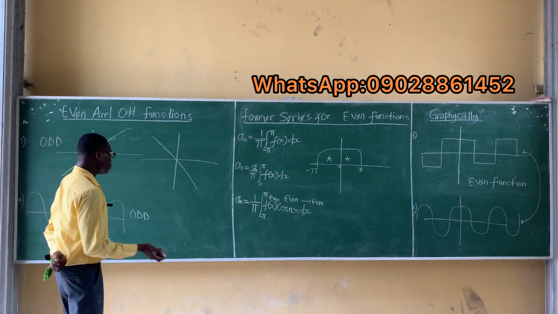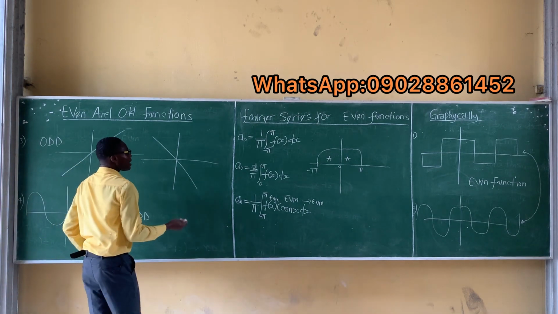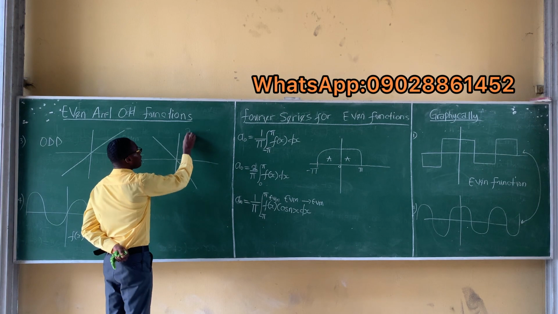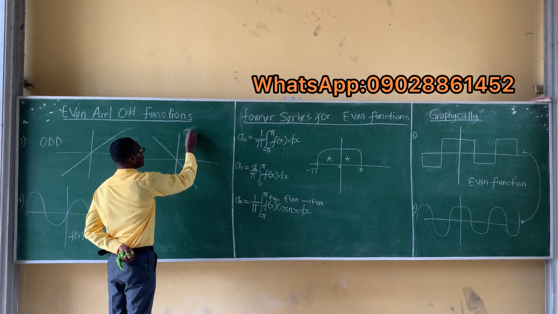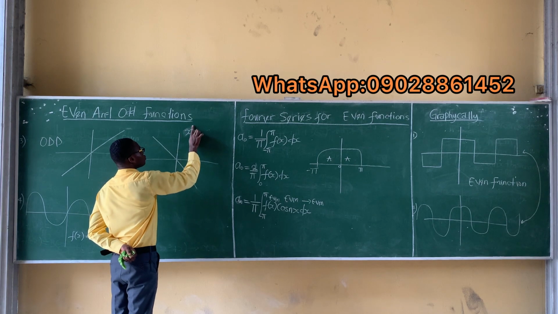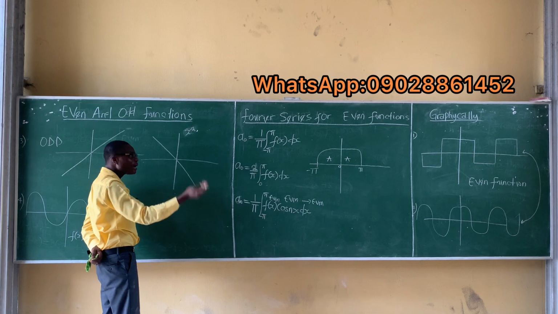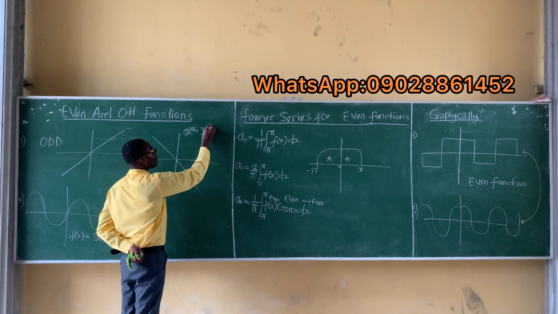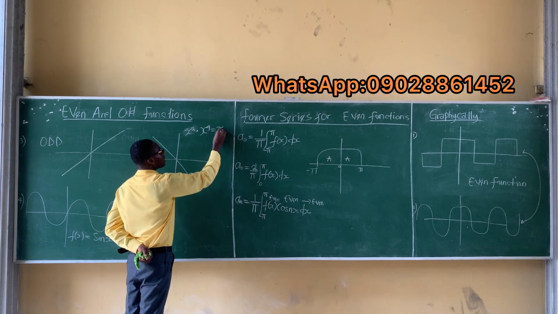What do we mean by even times even will give us even? Let's see. Assuming we have x squared, which is even. If you multiply by another even function, say x to the power of 4, 4 plus 2 will give us 6, which is x to the power of 6.